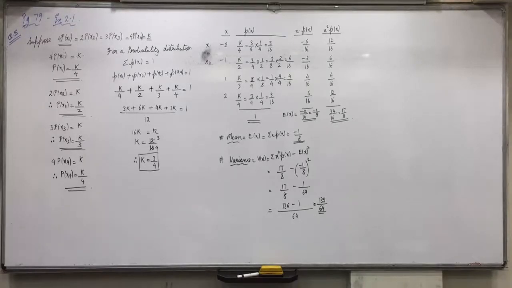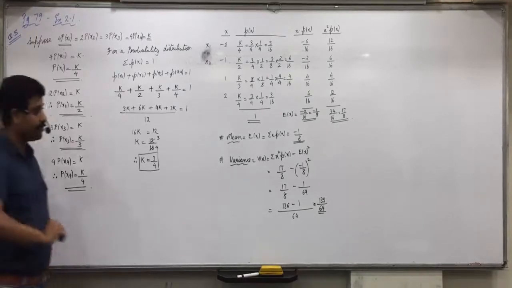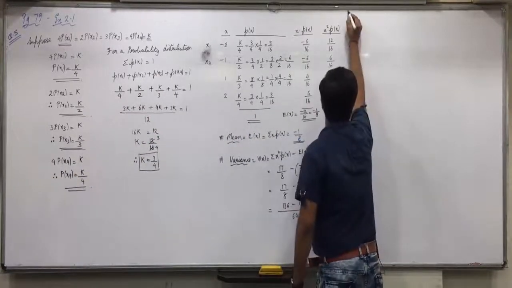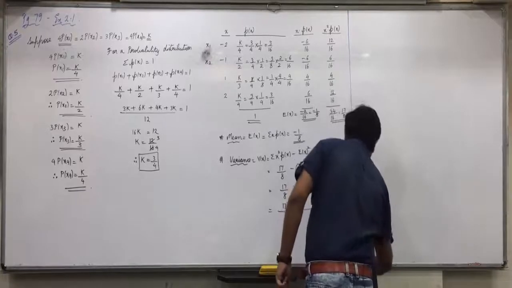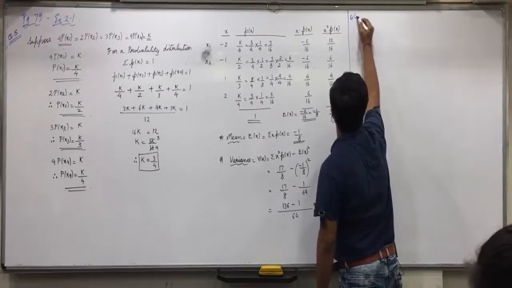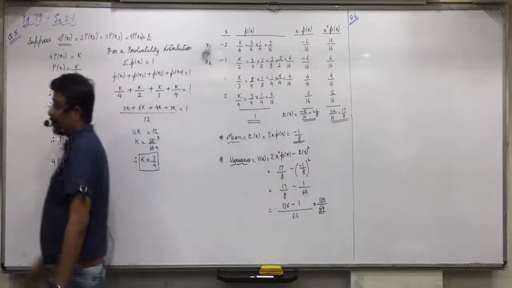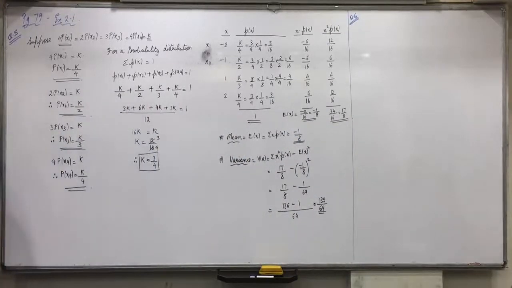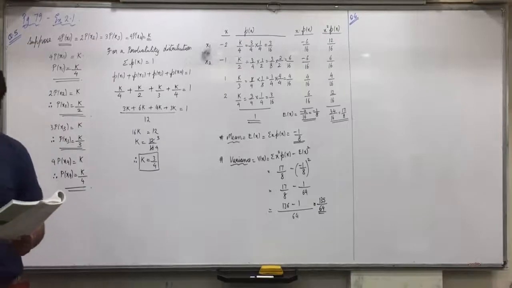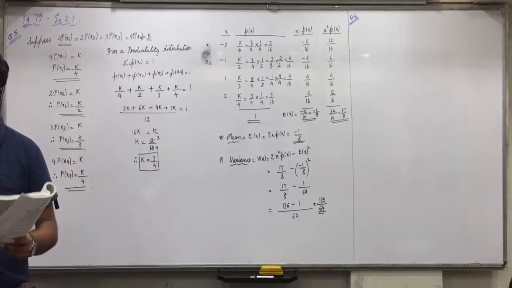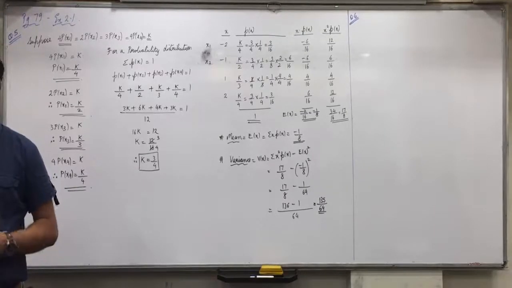Question number 6. A dice is randomly tossed 2 times.